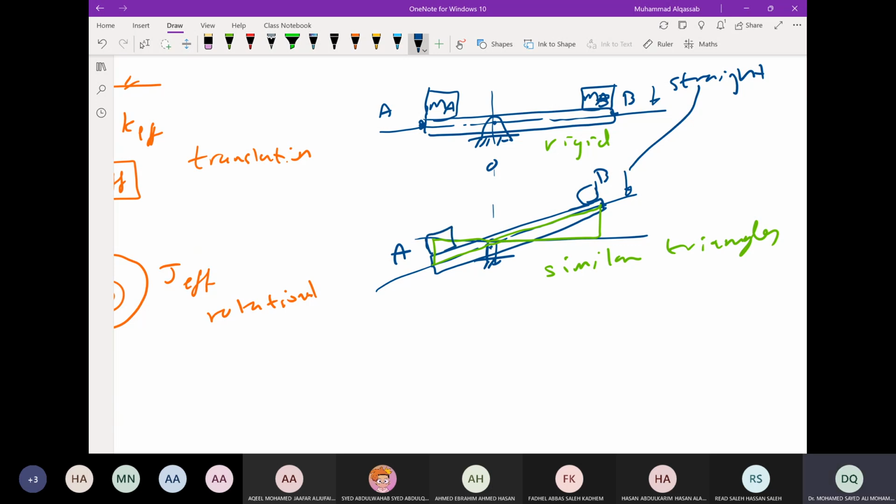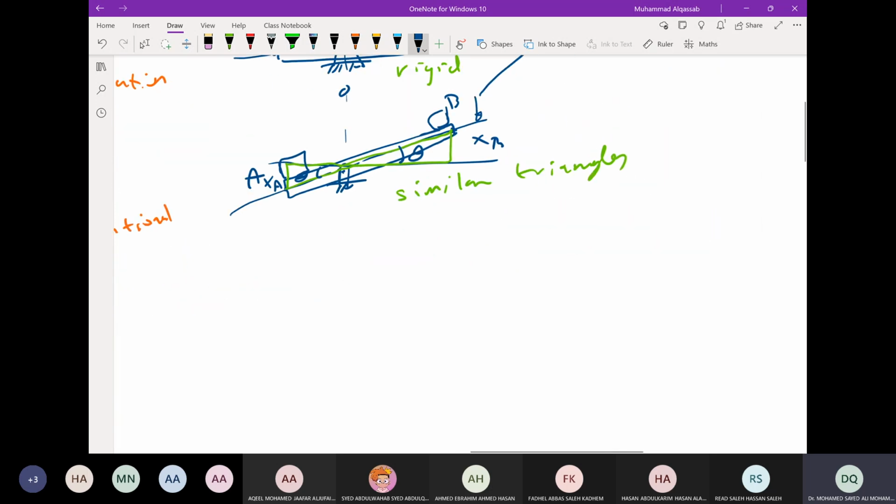Their motions are related because of the similar triangles, all in terms of theta. Theta here and here are the same because of the similar triangles. So XB and XA can be obtained in terms of theta. And this happens if you have rigid bodies.